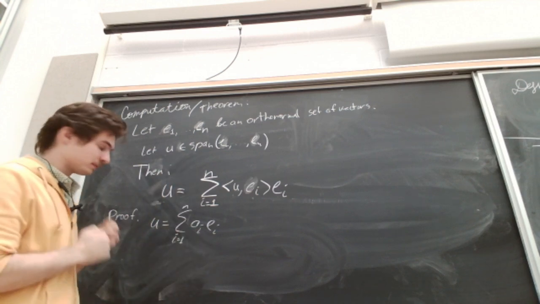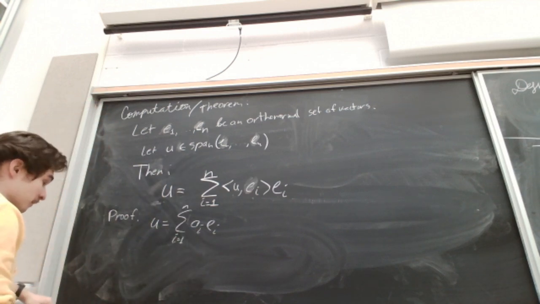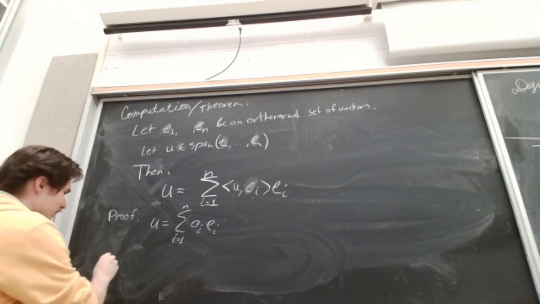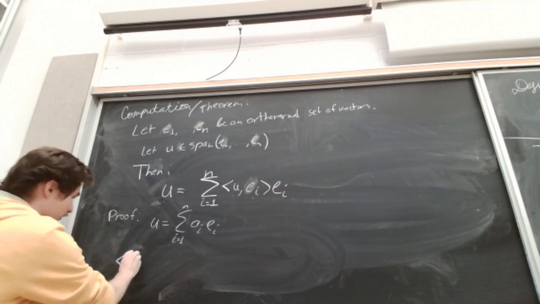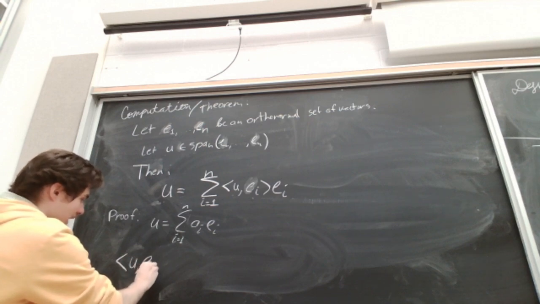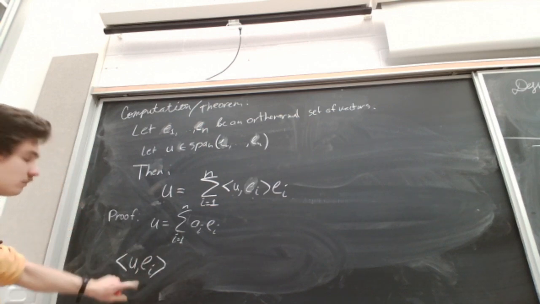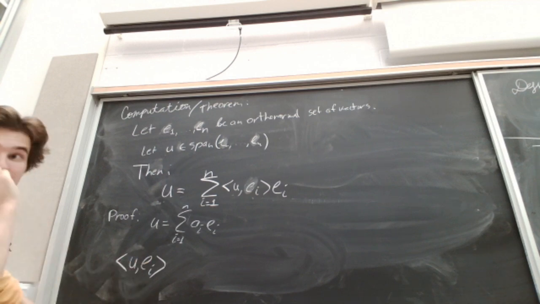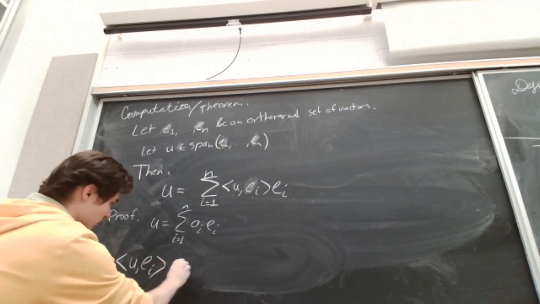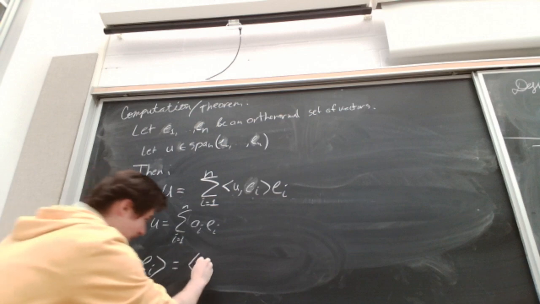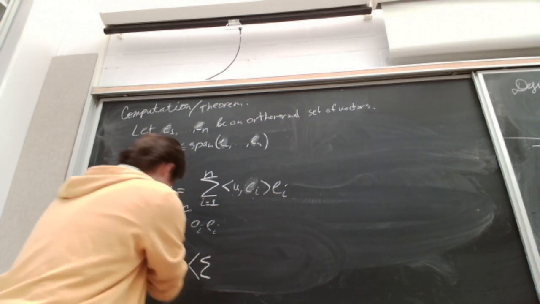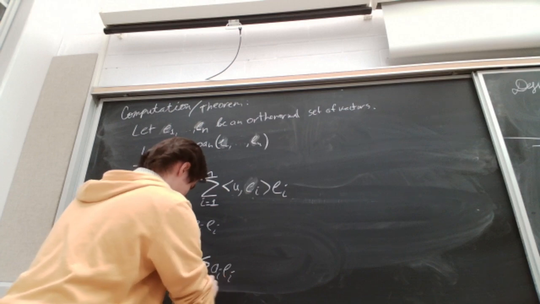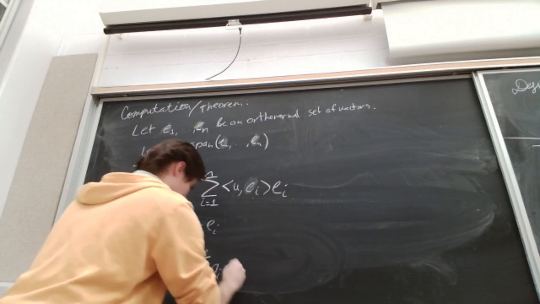But then, let's look at the inner product of u with ei. Makes sense as a thing to look at. I can just plug in the expansion for u, inner product ei.